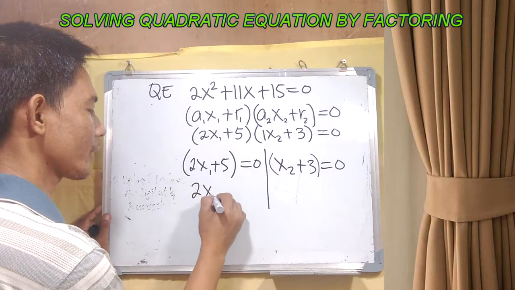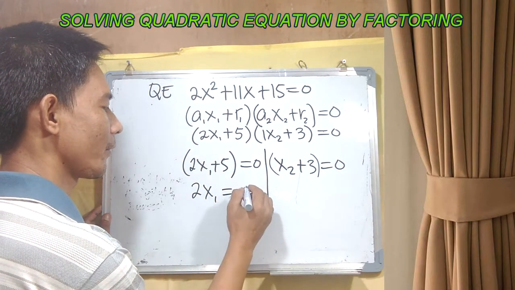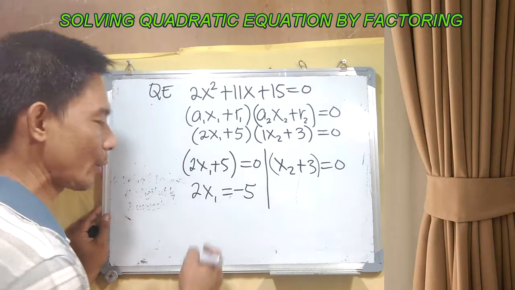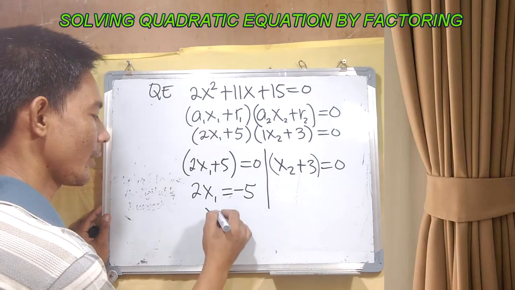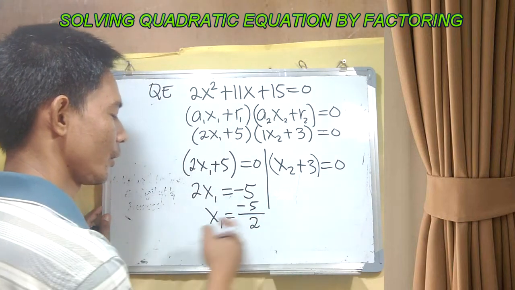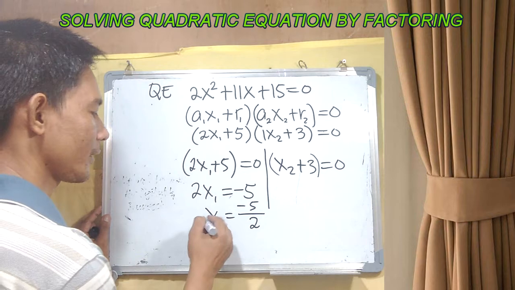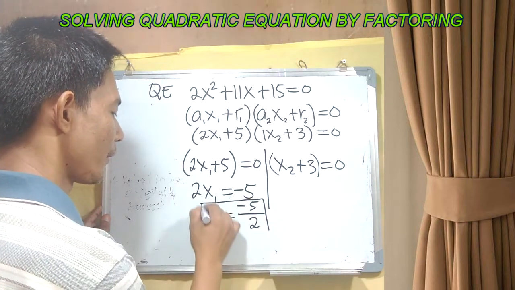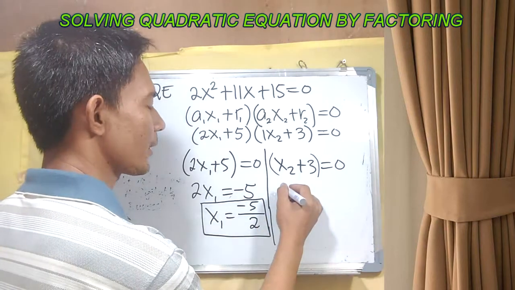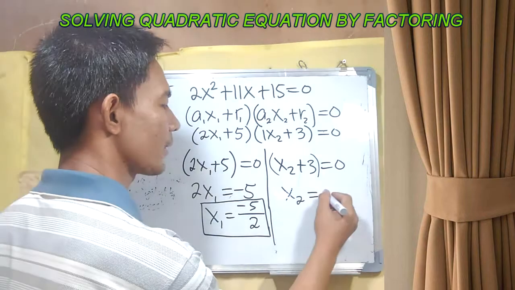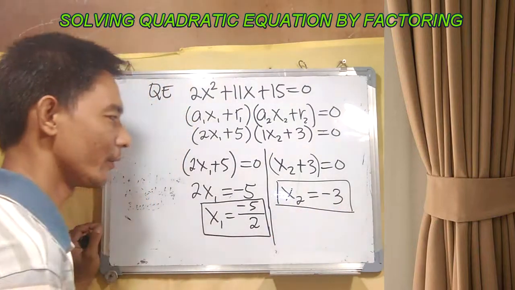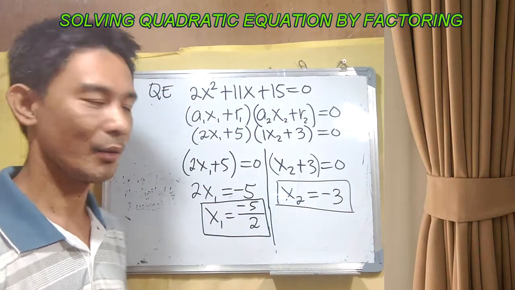This will become 2x sub 1 equals negative 5. Then the multiplication property of equality, we will divide by 2. So this will become x sub 1 equals negative 5 over 2. So our first value of x is negative 5 over 2. Then the next one is x sub 2 equals negative 3. So this is the second value of x in our quadratic equation.